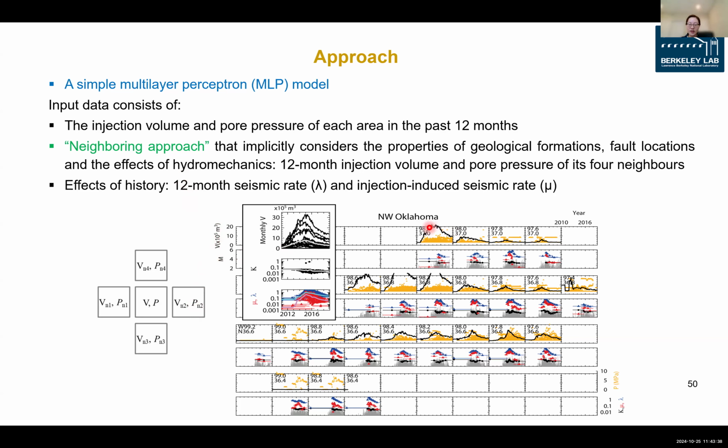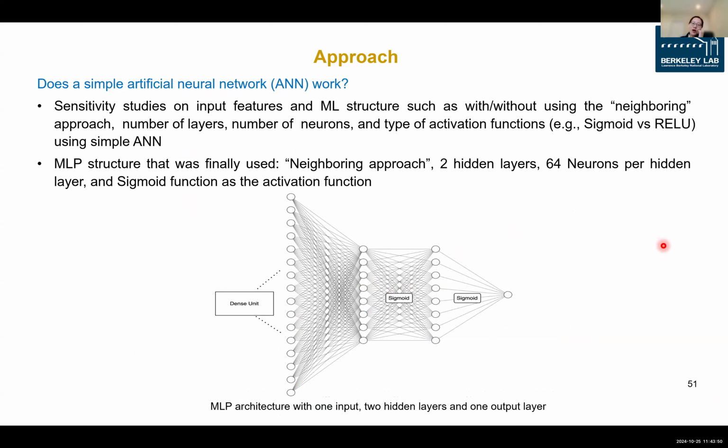So here is what the data looks like in northwest Oklahoma. We also have these sets of data in the central part of Oklahoma. Again, using one of the simplest neural networks on Earth, we try to answer whether a simple network really works.